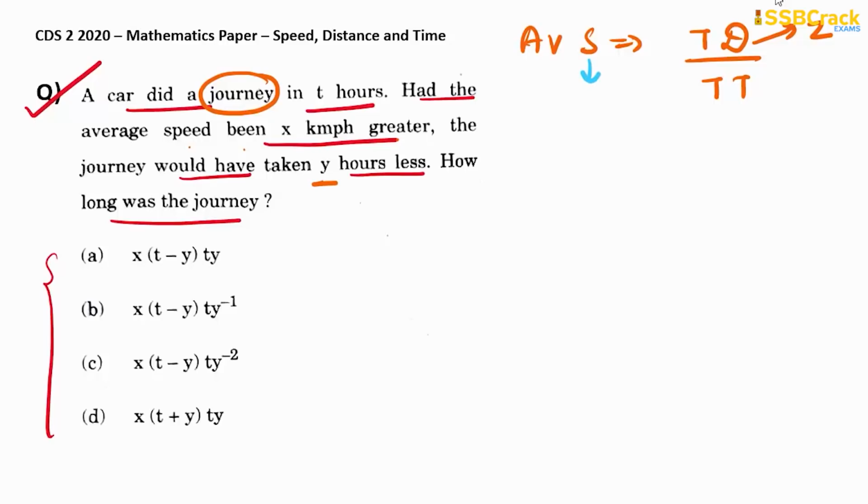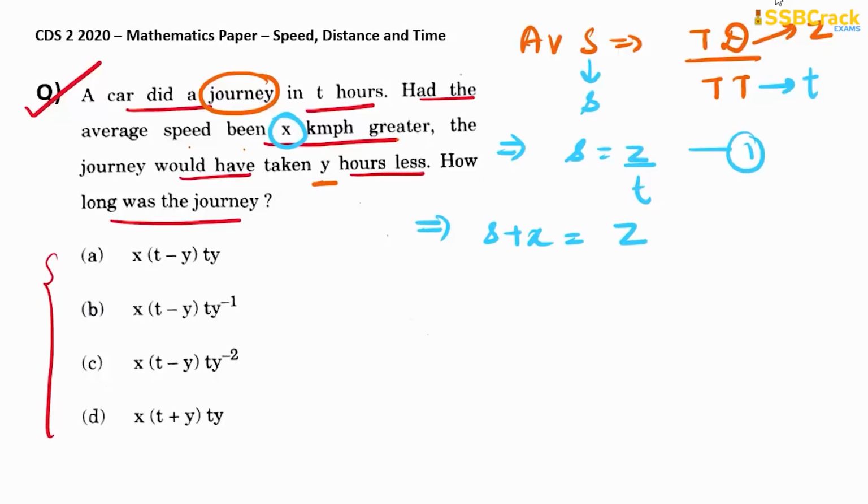So, if initially the average speed is S and the total time is T, we have our first equation, which is S is equal to Z upon T. Now, if the speed were X kilometers greater, the speed will be S plus X, the distance will remain the same, and the time would be Y hours less, so the time would be T minus Y. Now we are required to find the total distance, that is how long was the journey, which is denoted by X here.